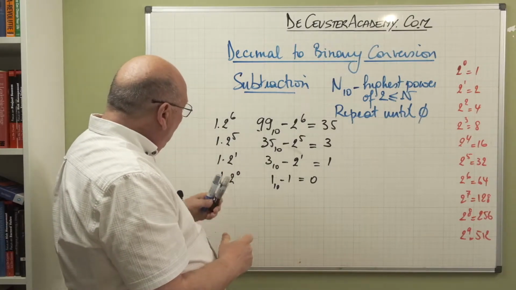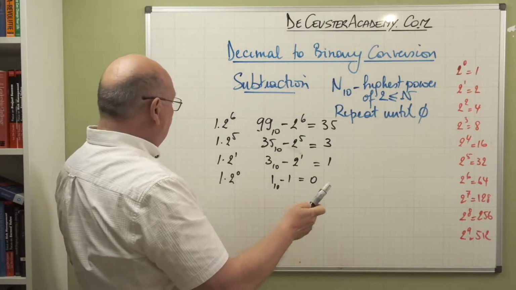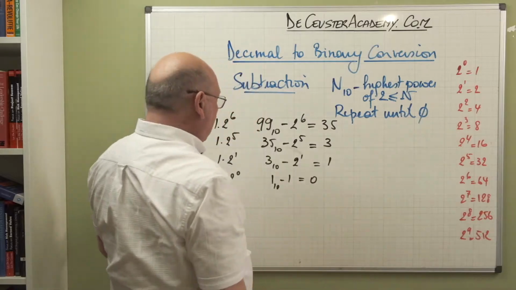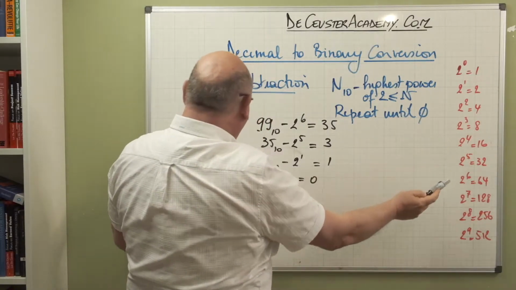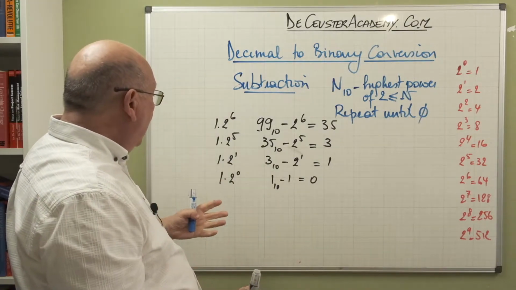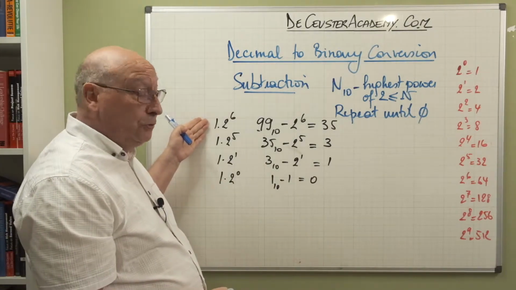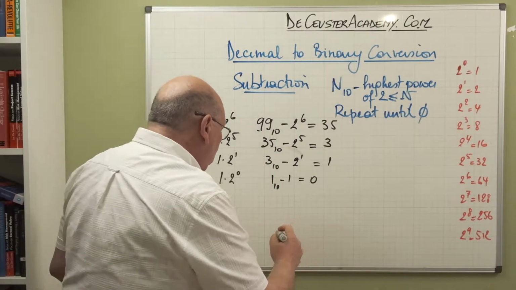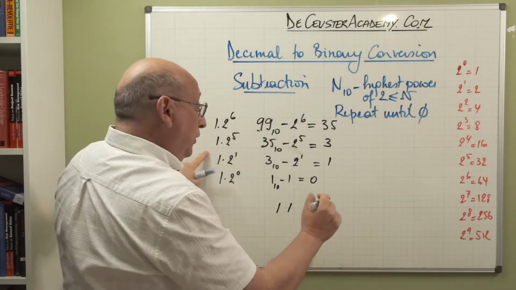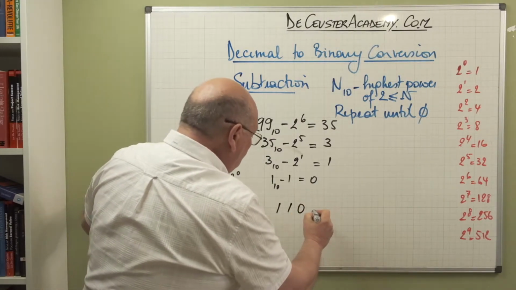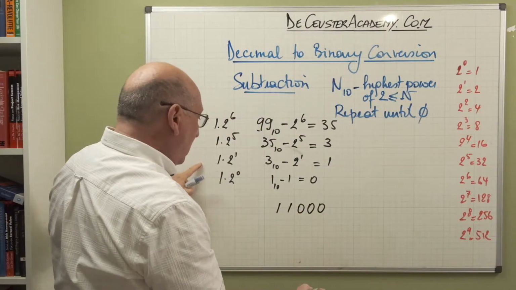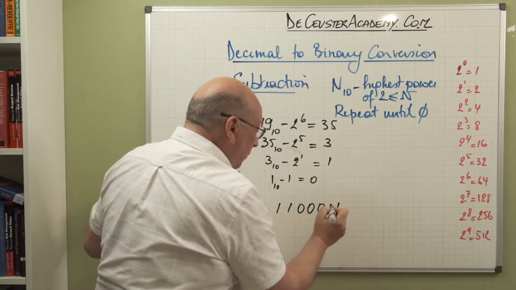Now what we looked at here, we have 2 to the power 5 and 2 to the power 6. So what we can write is, starting with the highest power from left to right: 1, 1, then 2 to the power 4 is 0, 2 to the power 3 is 0, 2 to the power 2 is 0, and then we have 1 and 1.